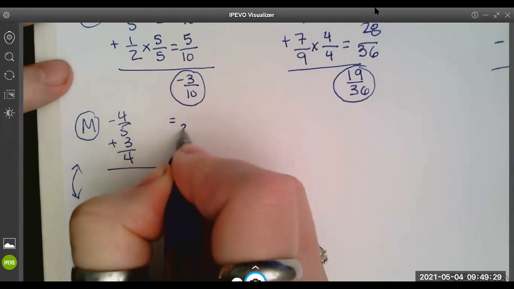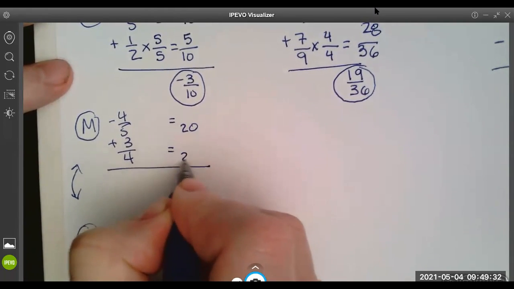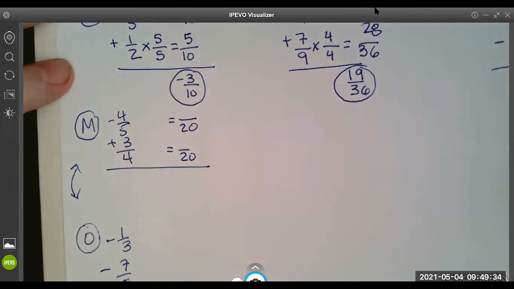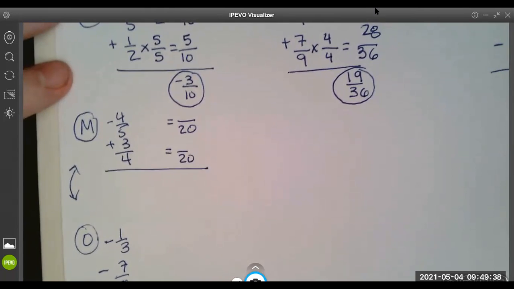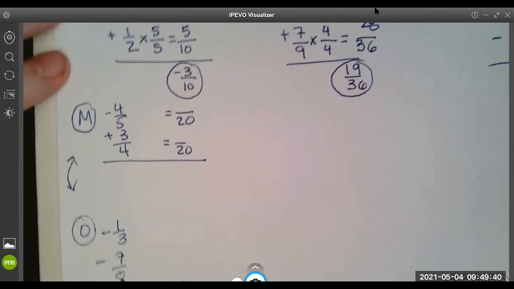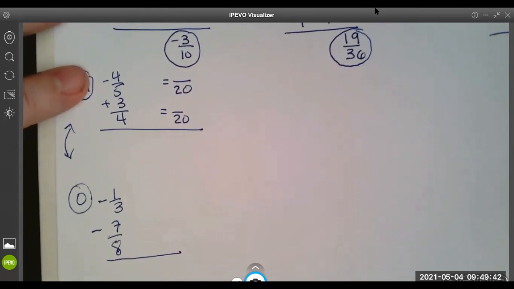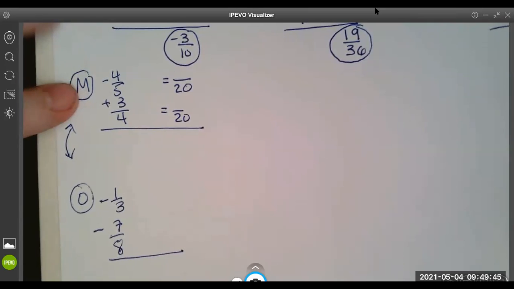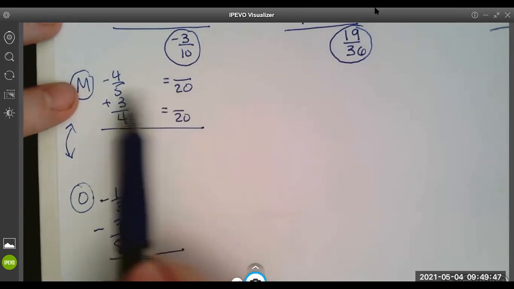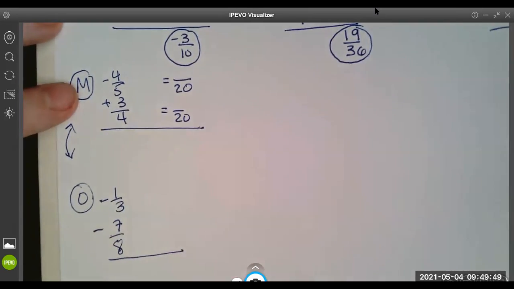We said our target is 20. What are we doing to get that? What are we multiplying the first fraction by, and what are we multiplying the second one by? What are we going to do to get this target bottom of 20?